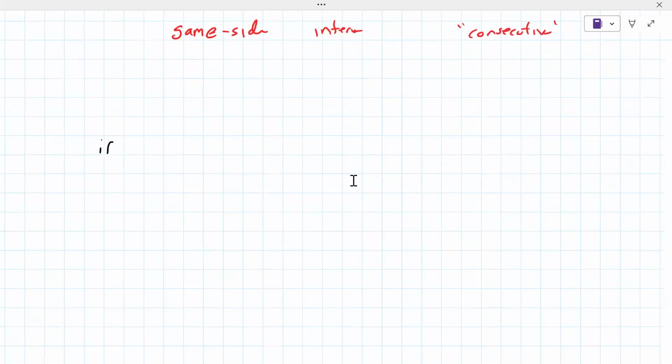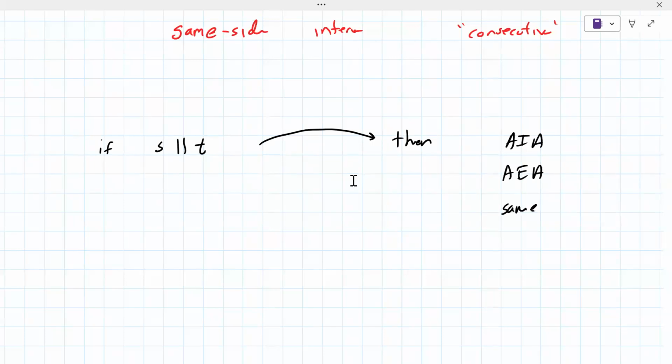If two lines are parallel, like let's say S is parallel to T, then we can say a bunch of things like alternate interior angles and alternate exterior angles and same side and things like that. That's the typical definition in a proof.